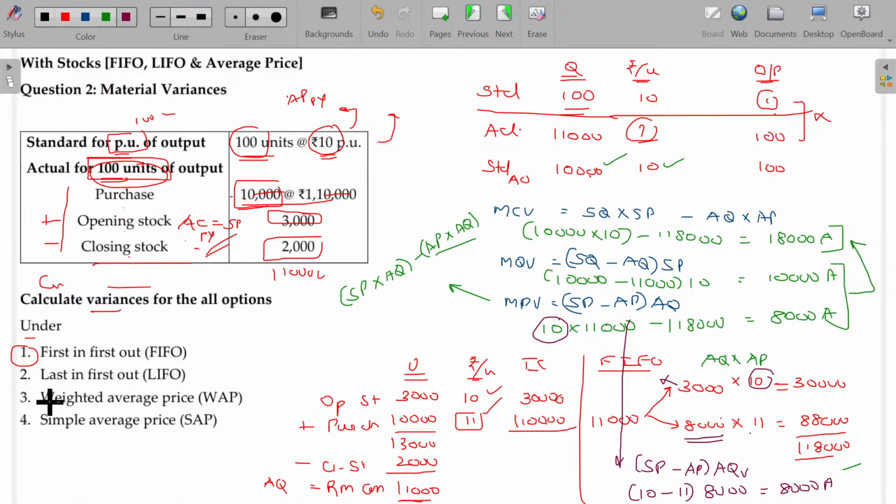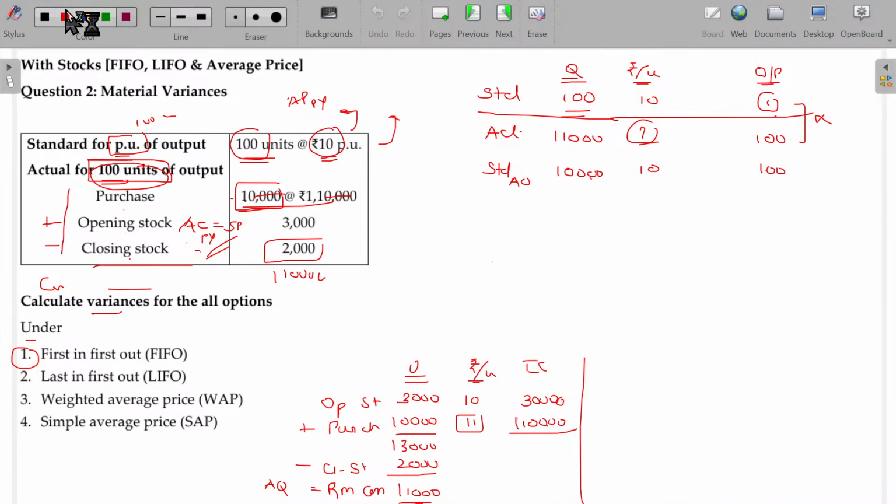Now, in case of the next model, the last in first out model. In this case, the actual consumption is 11,000 units.